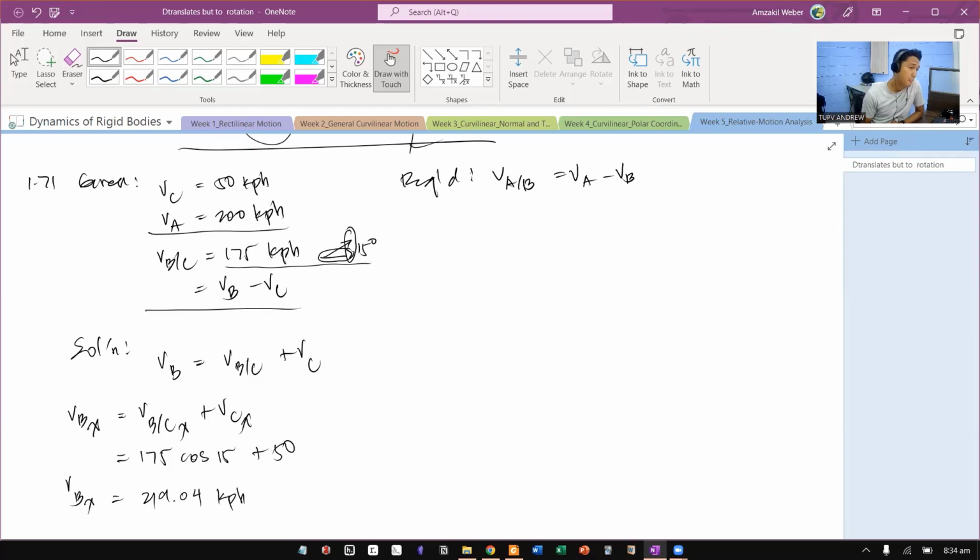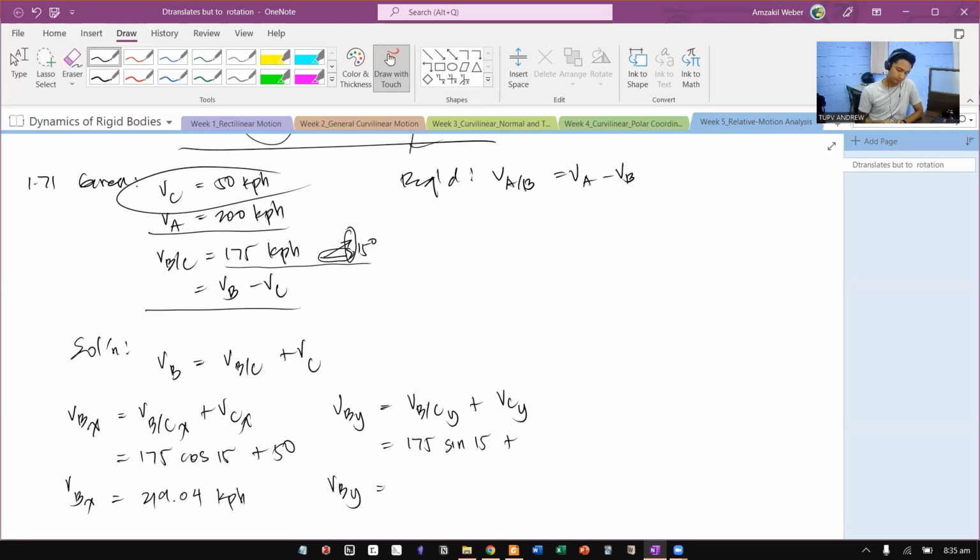What about VBy? VBy is equal to VB/Cy plus VCy. VB/Cy is just 175 times sine 15, and VCy, according to the given, is 0 because VC is perfectly horizontal. So VBy is equal to 175 sine 15, which is 45.3.